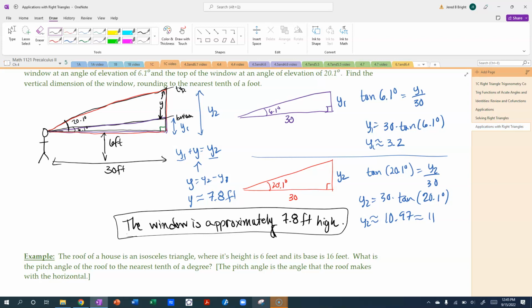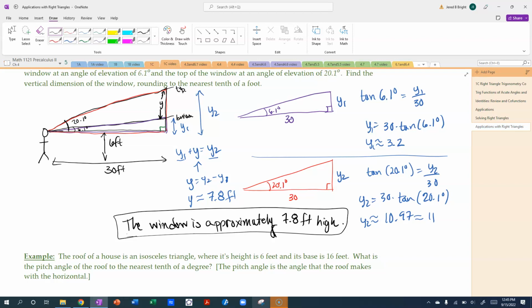But in this problem, my God, the diagram was perhaps the most confusing thing to set up. Just make sure I have 6.1 degrees shown to the bottom of the window, and then 20.1 degrees in total, not in addition to, but in total, for the angle of elevation to the top of the window.